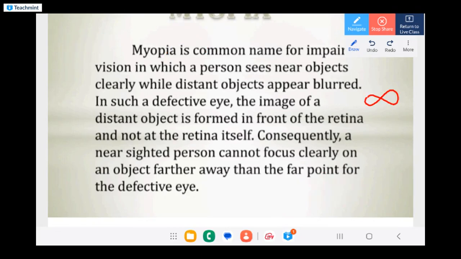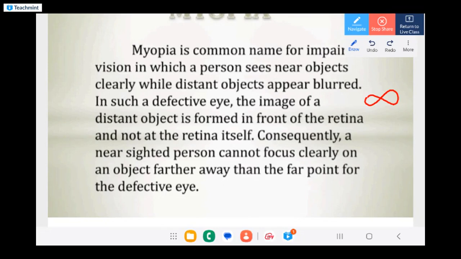We can see objects kept at an infinite distance from the convex lens situated in our eyes. Now the question is, we cannot see read things kept far beyond the far point, but these people can see the moon, the sun and a few stars also.